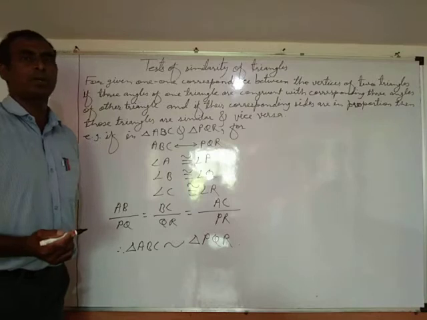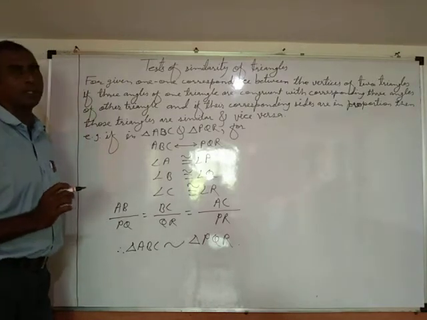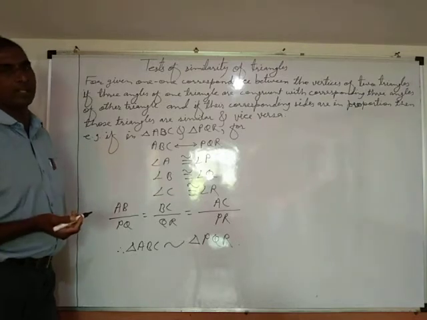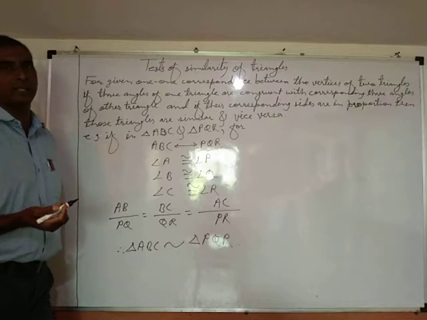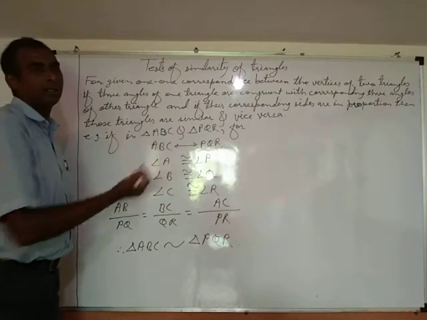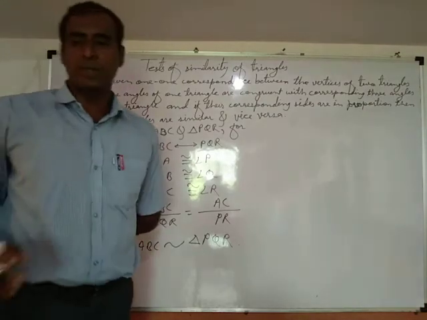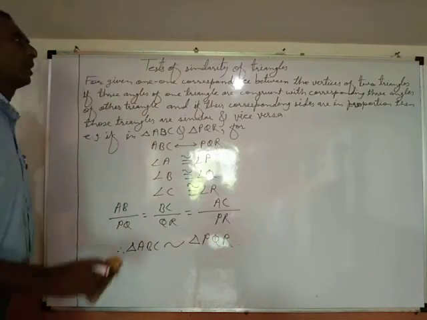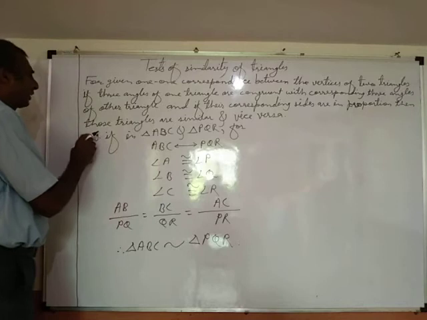If we check 3 specific elements of one triangle with 3 corresponding specific elements of other triangle, we may declare the triangles are similar, and the rest of the elements we may declare whether congruent or in proportion. Such a group of specific elements are called as test of similarity. Let me mention here.